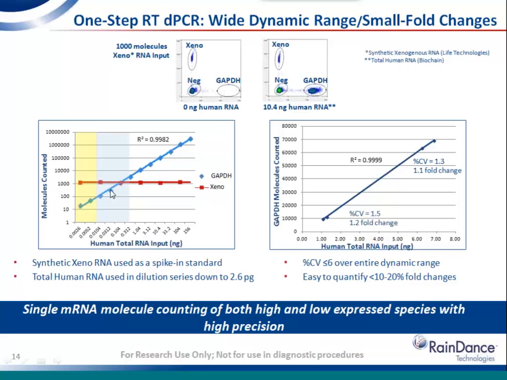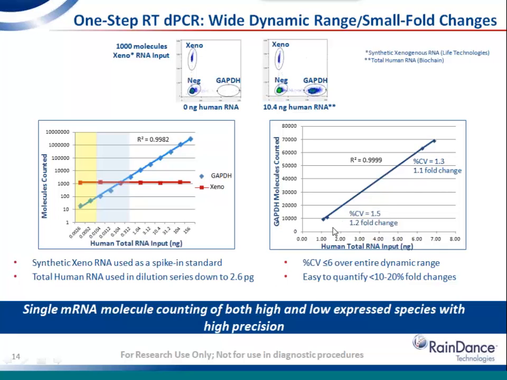RNA is being counted. If you zoom into this region here in the dynamic range, replicate experiments were done to illustrate how you can see very small fold changes. So in this particular example here, 6 or 6.6 nanograms of total human RNA were added, and down at this range it was 1 or 1.2 nanograms.